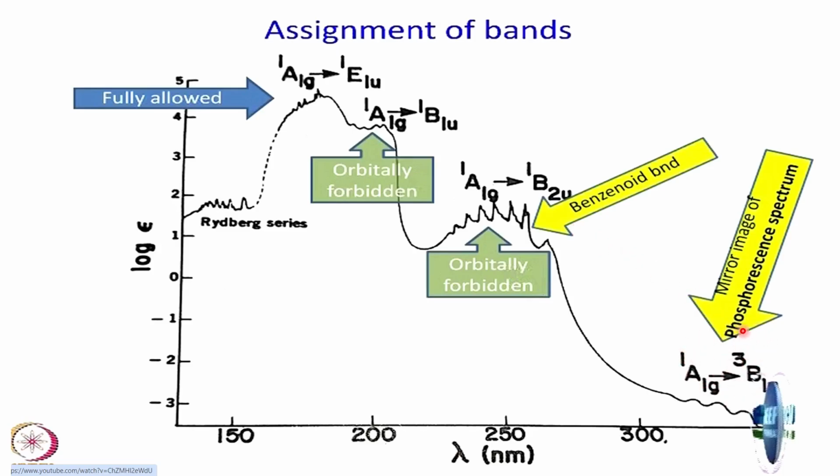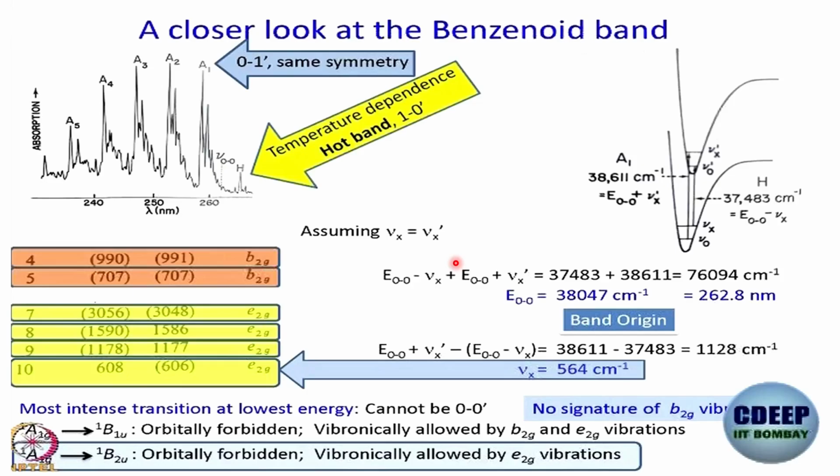And here they have also seen that this is mirror image to the phosphorescence spectrum. Phosphorescence is triplet to singlet, right? As your ground state is singlet, phosphorescence is triplet to singlet. So here it is singlet to triplet. So that is another triplet state, right?